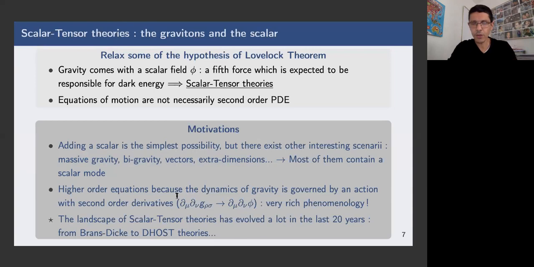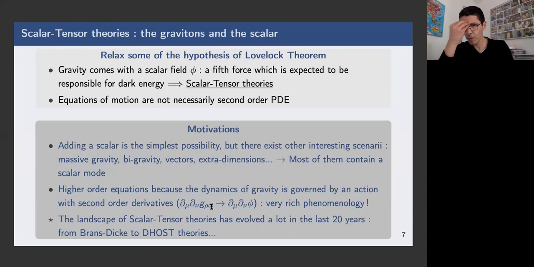The reason why we also consider theories where the equations of motion are not assumed to be second order is the following. If we look at the Einstein-Hilbert action, the basic action for general relativity, this action is expressed in terms of the Ricci scalar, and the Ricci scalar is a function of the second derivative of the metric.